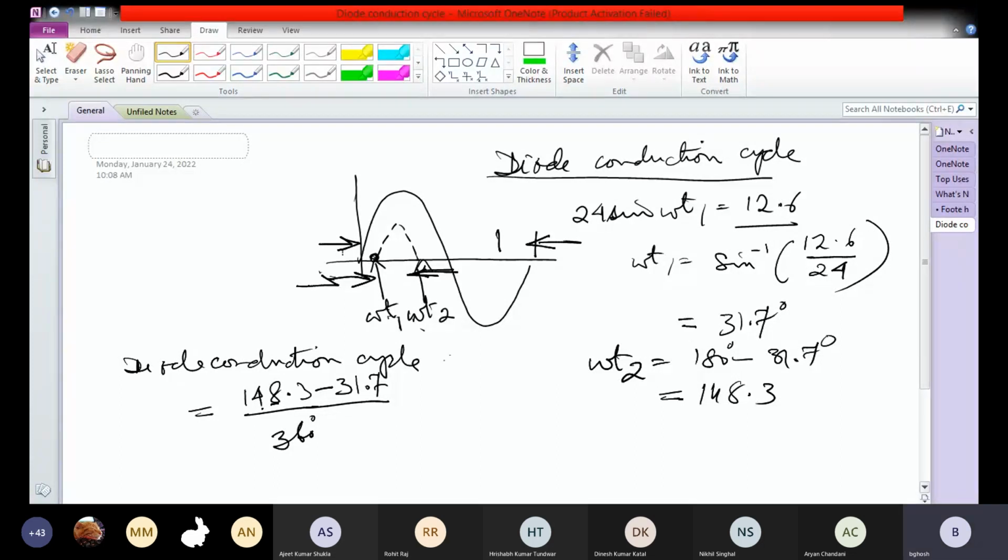That is 360 degrees. So 148.3 minus 31.7 by 360 works out to be 32.4%. So this is the diode conduction cycle.